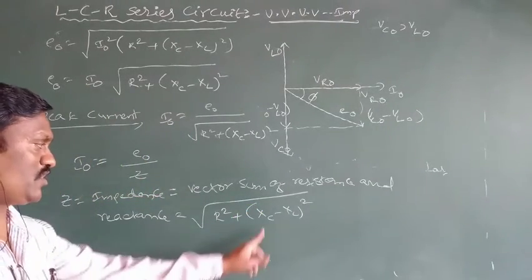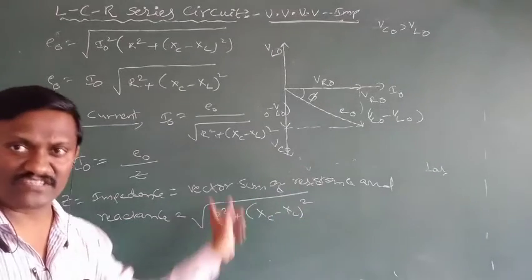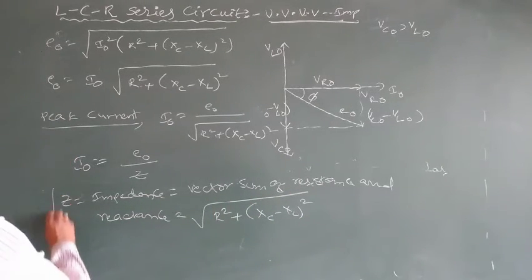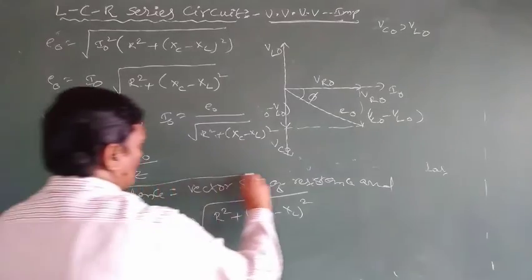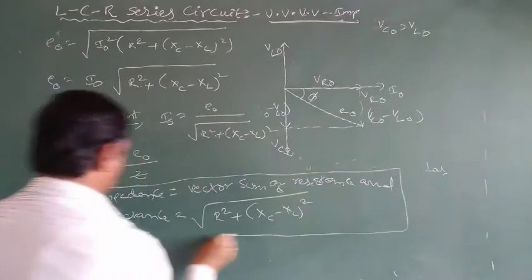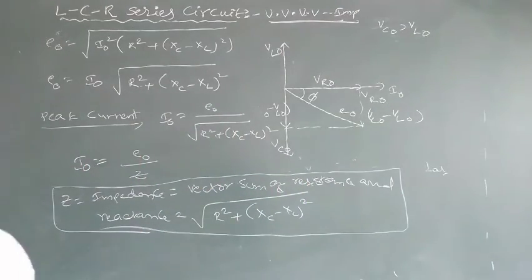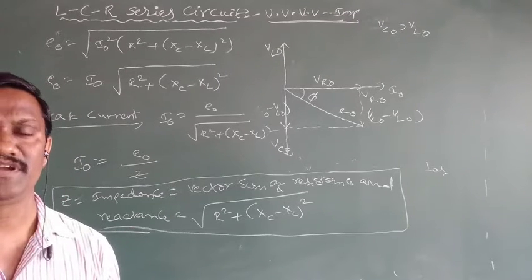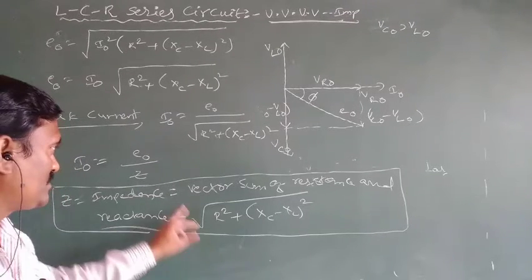If XC is more, it is (XC minus XL) whole square. If XL is more, it is (XL minus XC) whole square. So that is the expression for impedance of an LCR series circuit. In AC circuits the terminology is a little different. Impedance means the resultant, or vector sum, of all kinds of resistance and reactance.